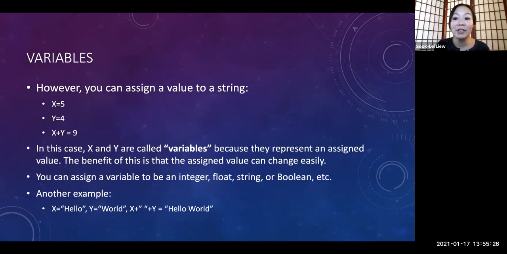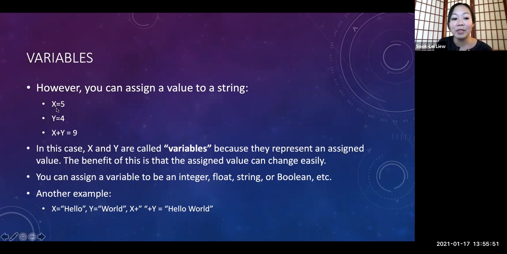Okay, so even though we can't do two strings plus each other, what we can do is assign variables. And I think what we did last time is we said a variable was my name, and then you put in quotes whatever your name is. And a key difference there is that the variable, even though it's a string, has no quotes around it, and the computer knows to read that in as a variable type.